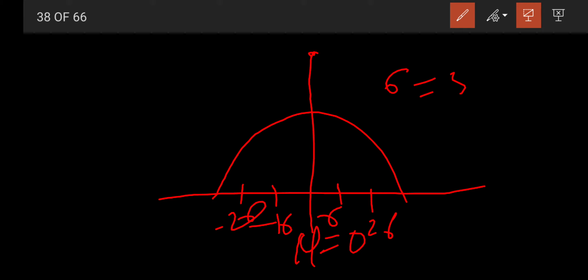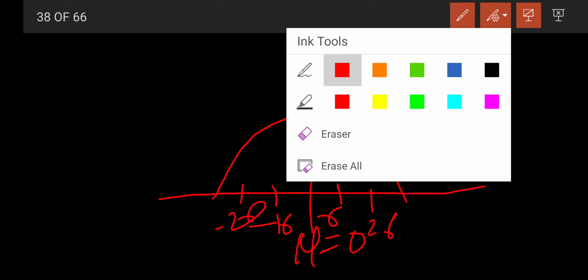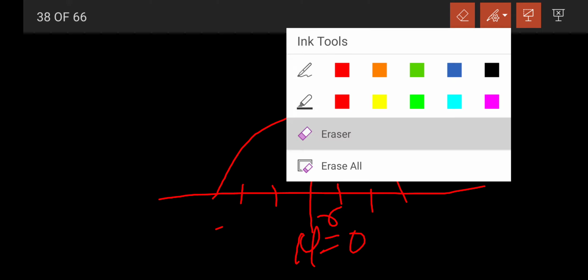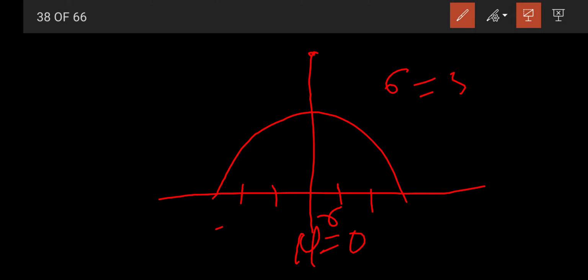Okay, now let us erase this, only keep the important thing. Now see, one sample is drawn.